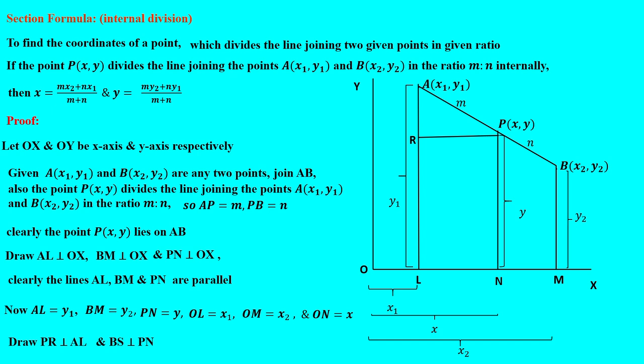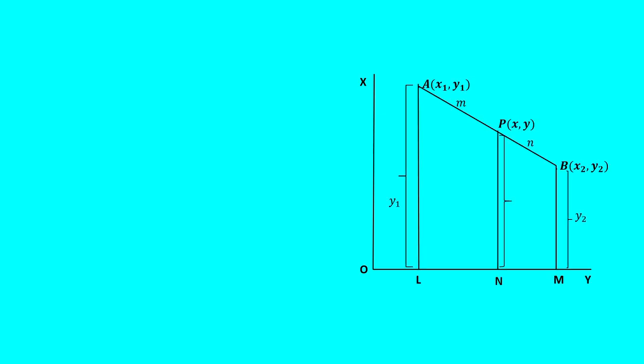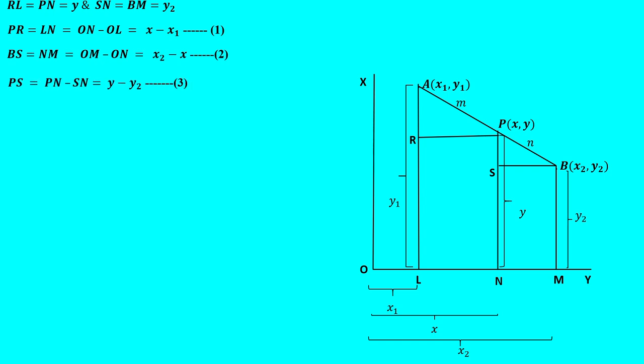We are going to draw a perpendicular line from the point B to PN, right? Now the length RL is equal to PN. Both are equal, that is equal to y, right? SN is equal to BM, that is equal to y2.